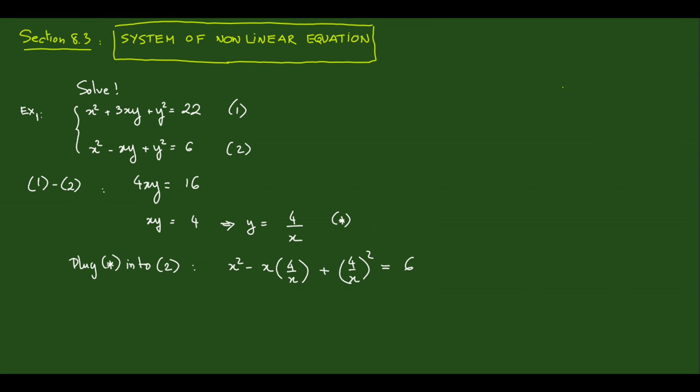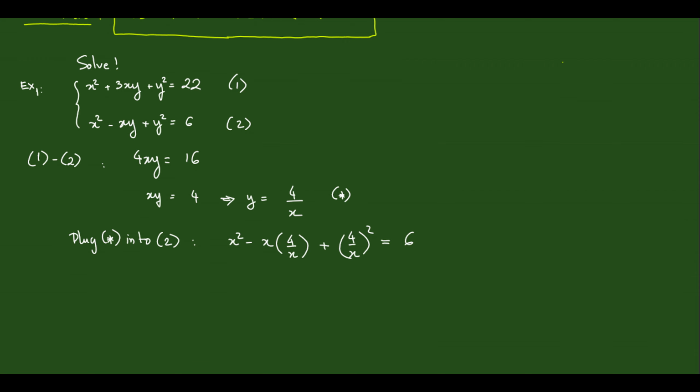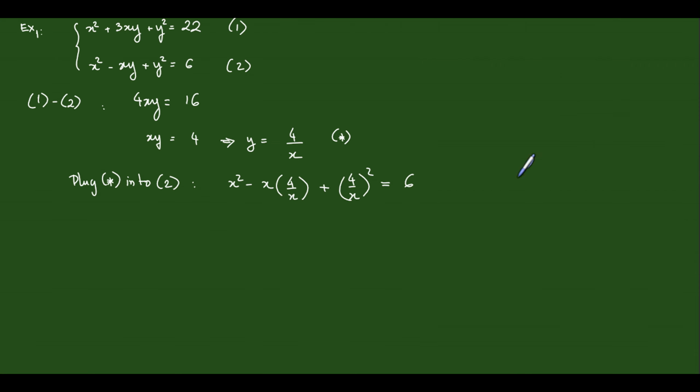Is that correct? Hopefully I don't have any careless mistakes. From here I can cancel this out, so I will have x squared minus 4 plus 16 over x squared equals 6.